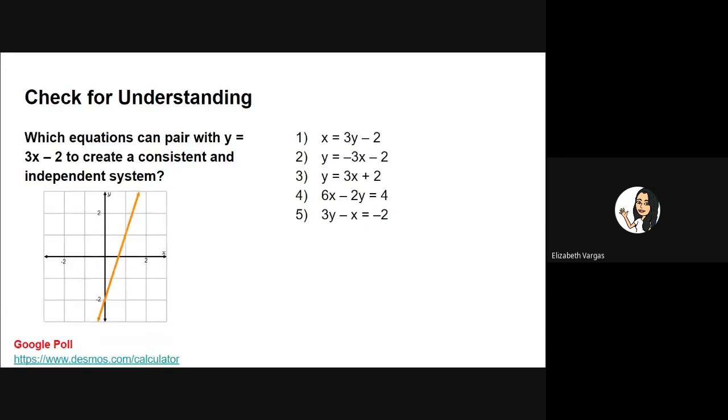Most of us looking like we're getting it correct, so good job. Make sure to answer the poll after you've graphed all of those different equations. Okay, so let's go ahead and review these. Oh, let me make sure I ended that poll.